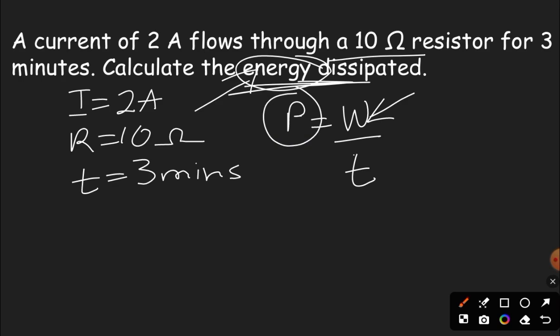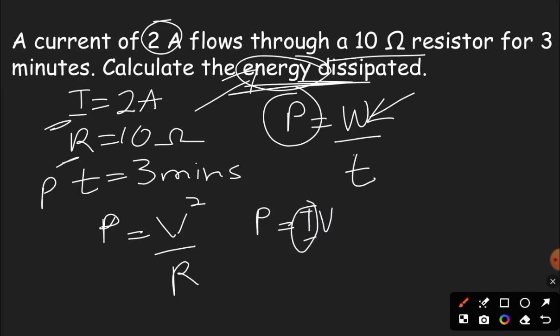So we already mentioned that P equals V squared over R. And we also have P equals I V. Now, remember this formula, V equals I R. And what do we need here?